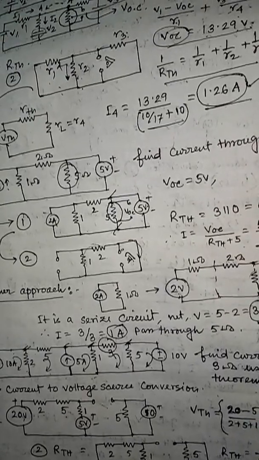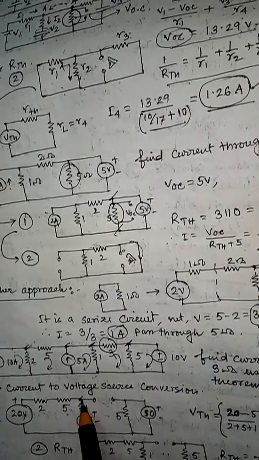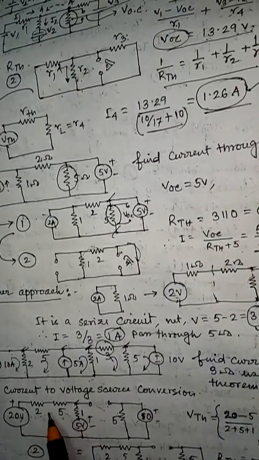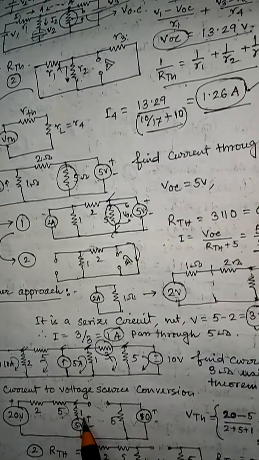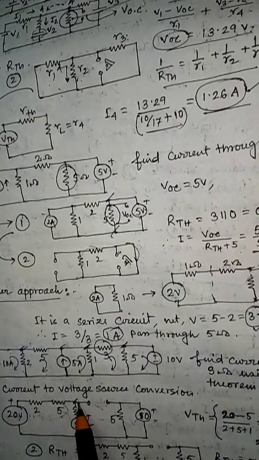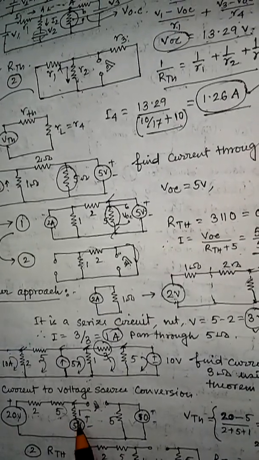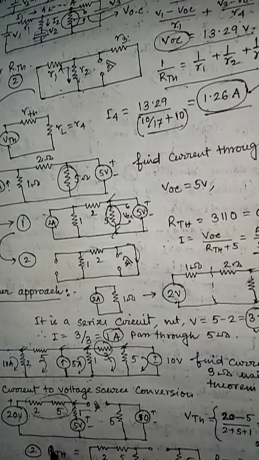So what is the drop actually at this point? If you are looking at the circuit from this direction, 2, 5 and 1 look like they are parallel to each other. So obviously the voltage drop is 20 minus the cumulative drop.